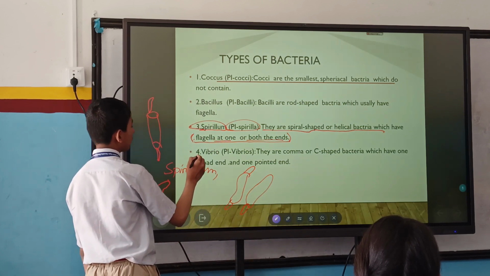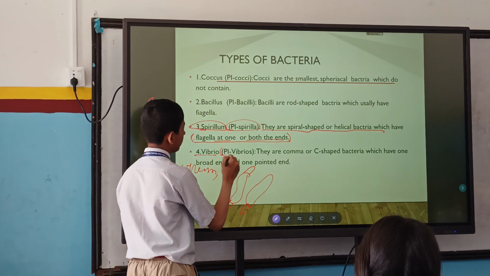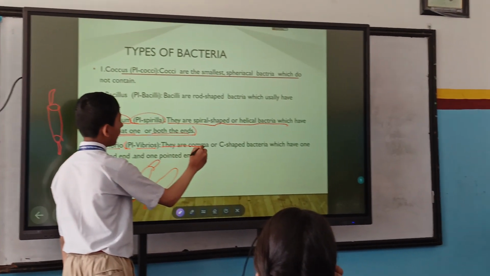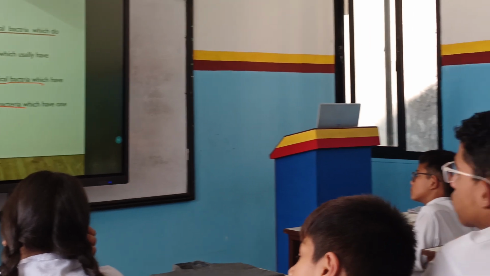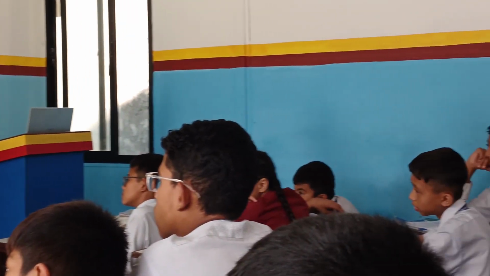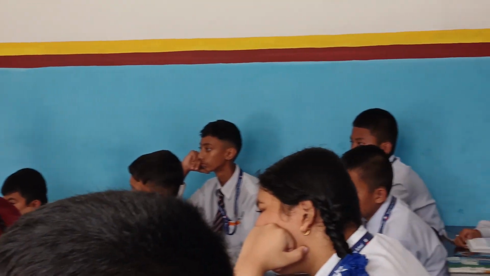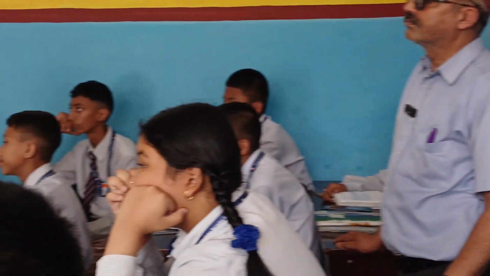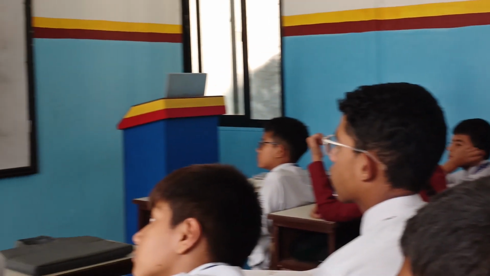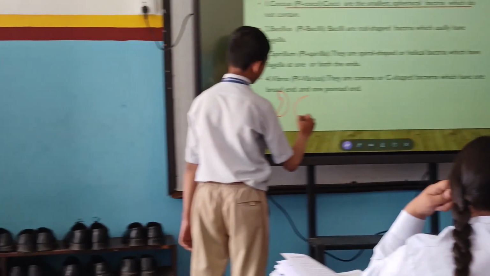And then Vibrio, plural Vibrios. They are comma-shaped or C-shaped bacteria which have one broad end and one pointed end. It is C-shaped or comma-shaped, like this, in this shape or this shape.